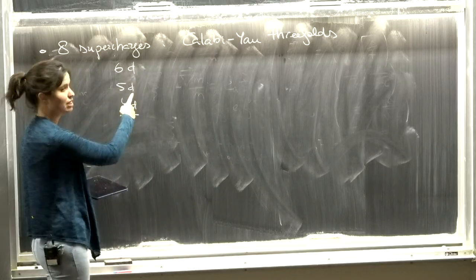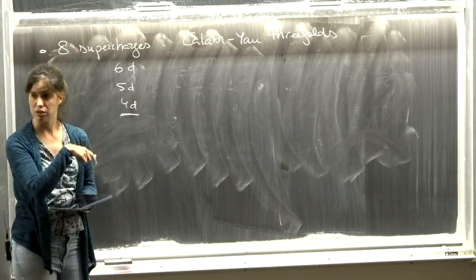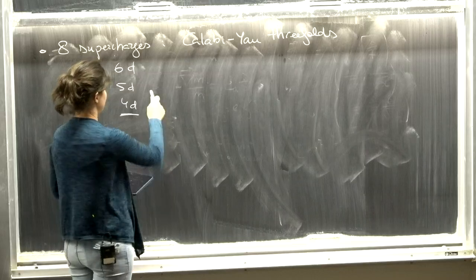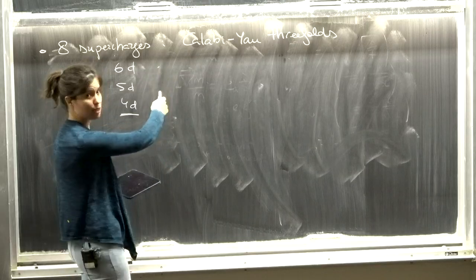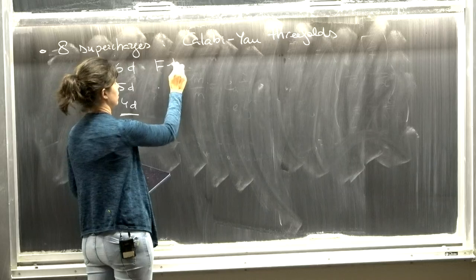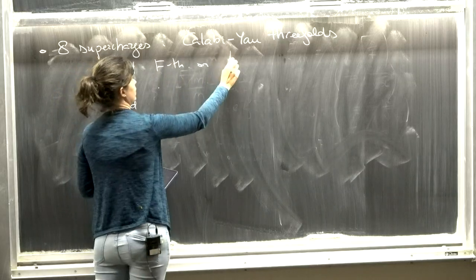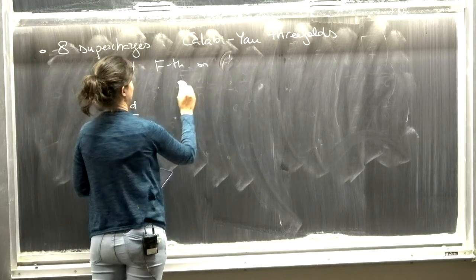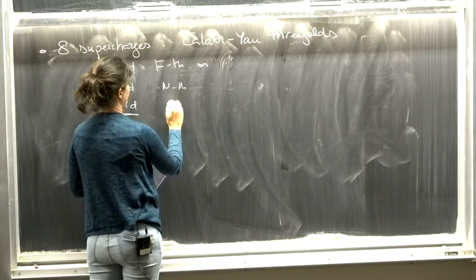So here's 6D with N=1, 5D with N=1, 4D with N=2. So this comes from F theory on the Calabi-Yau threefold, M theory on the Calabi-Yau threefold, and type 2.